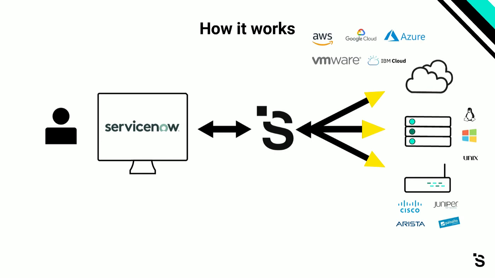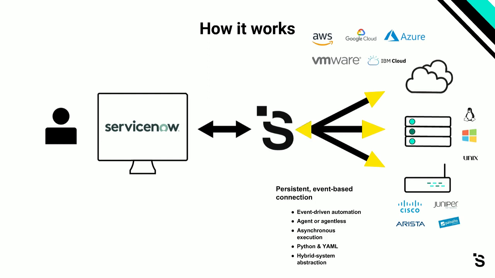So again, this allows a ServiceNow user now to go in and run a job across any of those systems based on target groups that are either predefined or that they create based on the need to enact change on a system. The reason that SaltStack is able to do this, I just want to call out for a minute. I talked earlier about some of the benefits of SaltStack's ability.